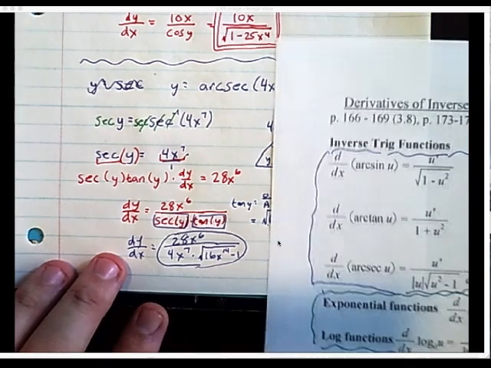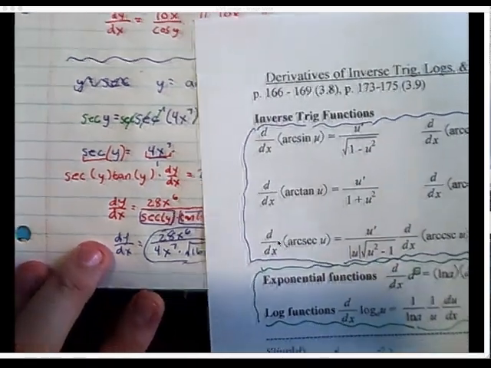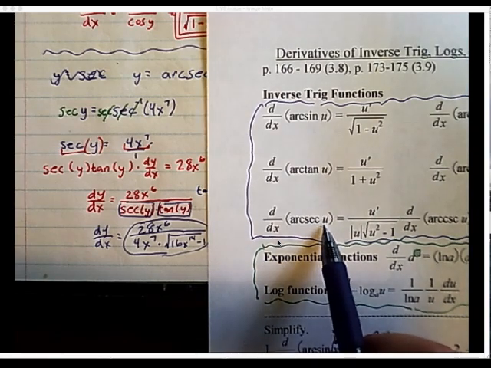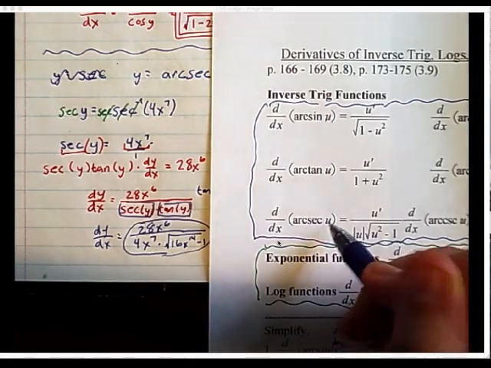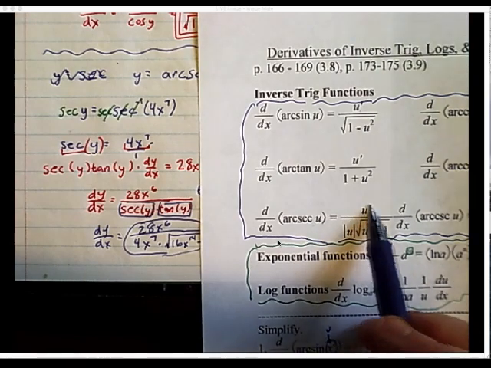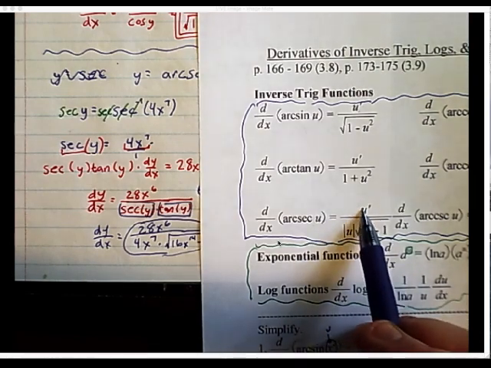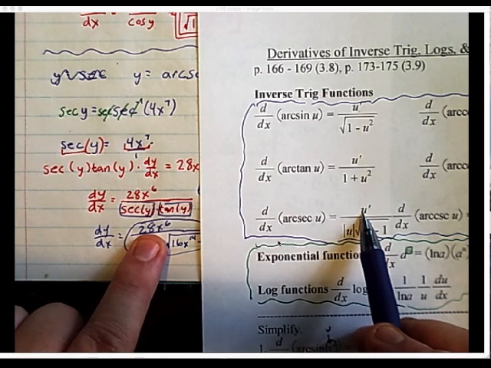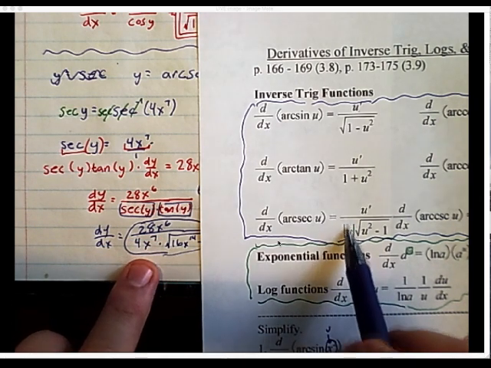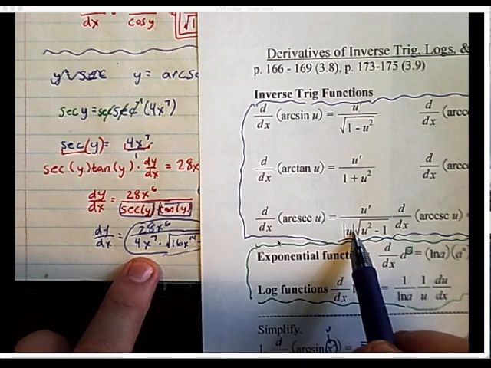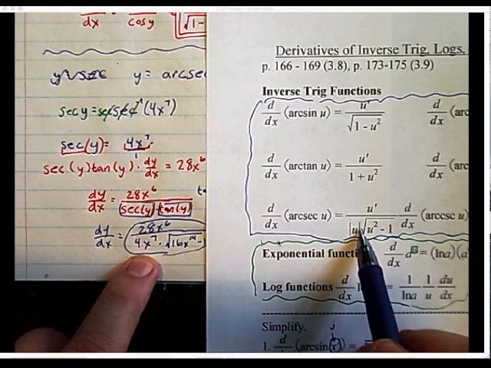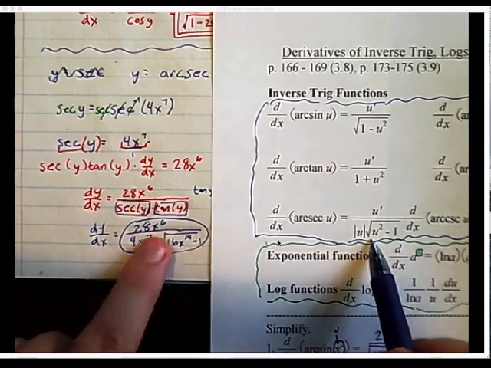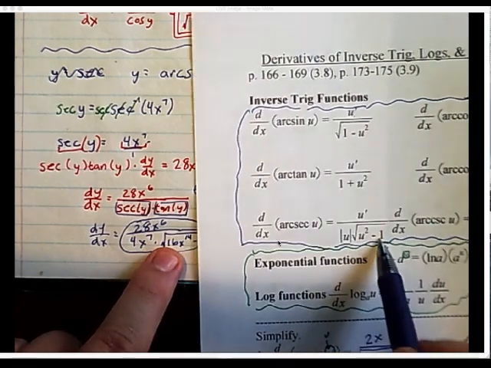Now let's see if it follows the pattern here for secant. It says the arcsecant of u, in our case the u was 4x to the 7th, derivative, so u prime right here, the derivative of 4x to the 7th is 28x to the 6th, over u itself. They have absolute values here to make sure it's positive. Square roots: if I take this and square it, I get this, minus 1.